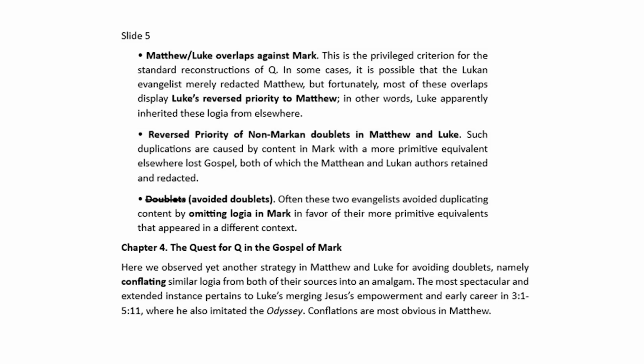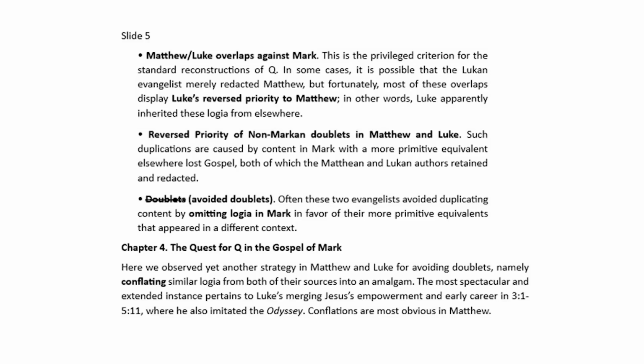It's because they see similar content both in Mark and in the Lost Gospel that has the more primitive wording. So in order to avoid duplicating these scenes, such as Jesus's baptism, they create an amalgam, or they conflate them. They merge them into their own version, borrowing eclectically from both.